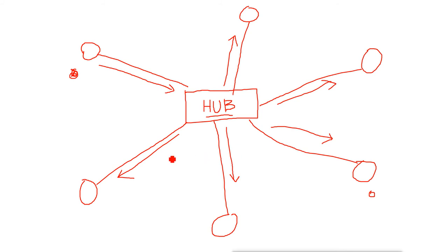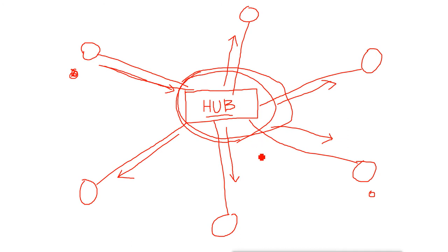That means all the devices will be affected, so a single hub is called a single collision domain. Now if one device sends a broadcast, every piece of data goes to every other device. By default it does the broadcast, so a single hub can also be called a single broadcast domain.